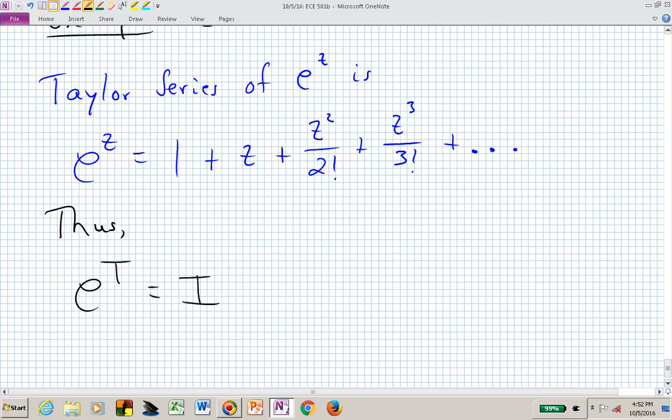It's operating on the same vector space as T, so whatever T is in terms of its dimension, I is now this square matrix of that dimension, or square map. Plus T plus 1 over 2 factorial T squared plus 1 over 3 factorial T cubed, etc.